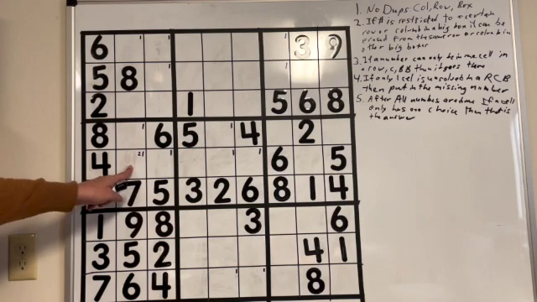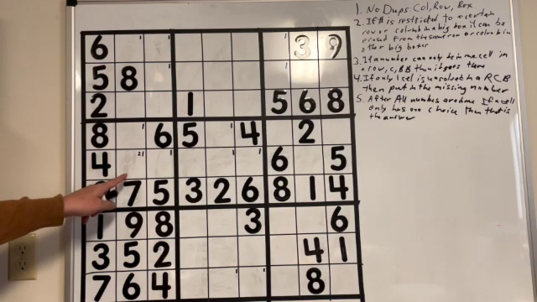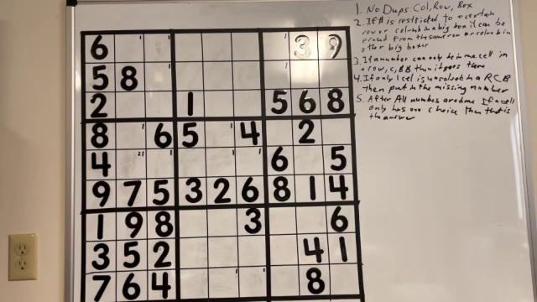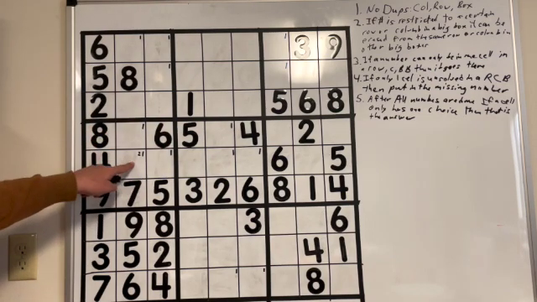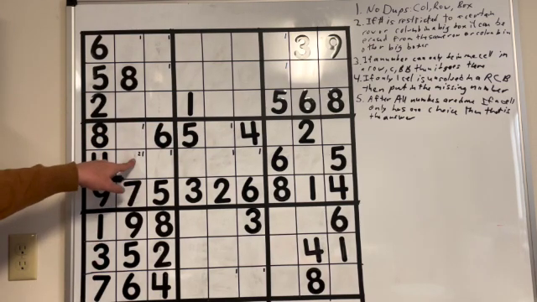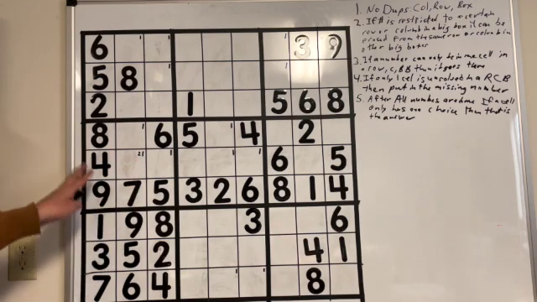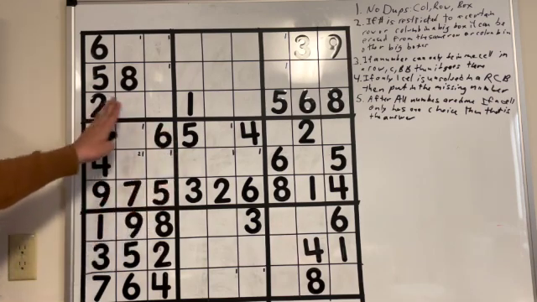Now, that's a crazy thing. Let's look at this here. This is rule number 4 again. No, not rule number 4. If a number can only be in one cell, this is rule number 3. If a number can only be in one cell in a row, a column, or a big box, then that's where it goes. This is the only place that 2 can go in this entire big box.